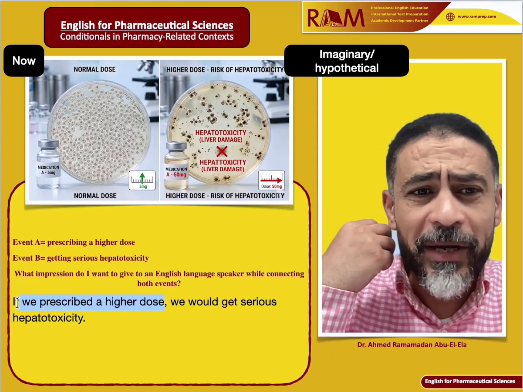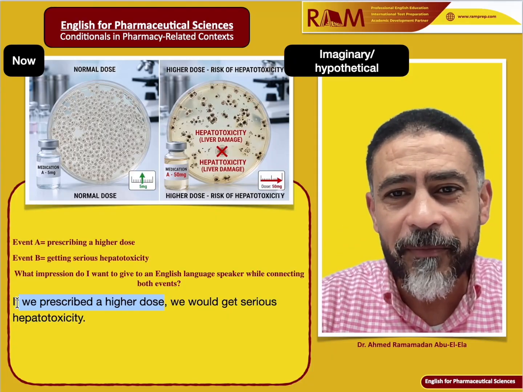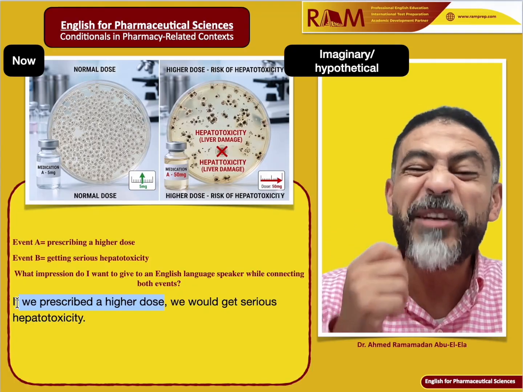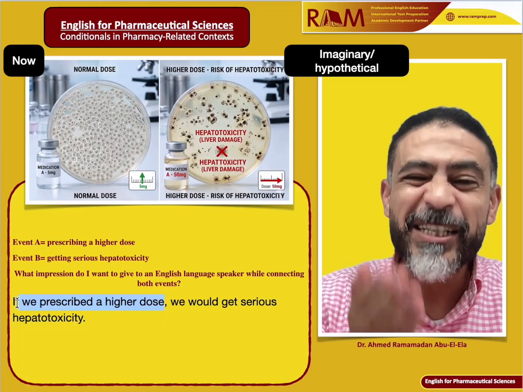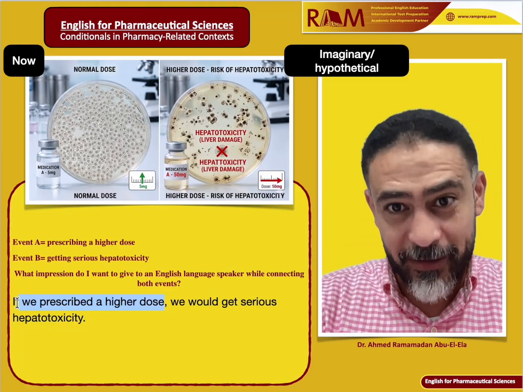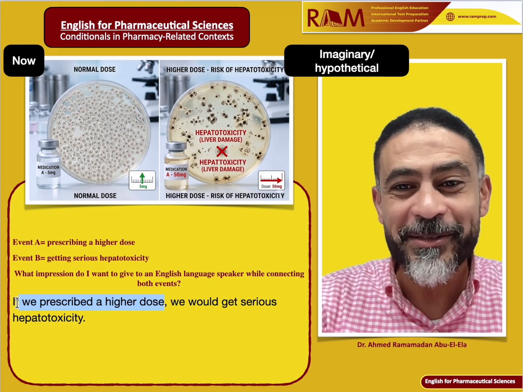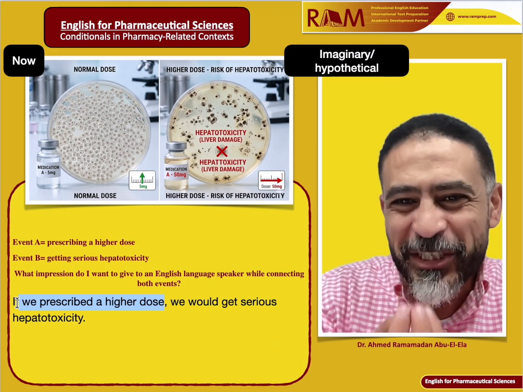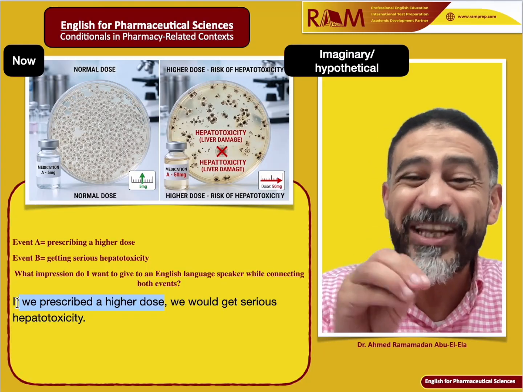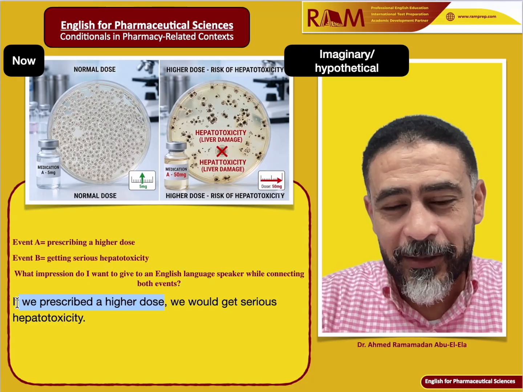Why do I use the past simple? The answer is simple. I use the past simple to emphasize that this situation is unreal, imaginary, hypothetical. That's why we use the past simple, although I am imagining something right now that is unreal in the present.